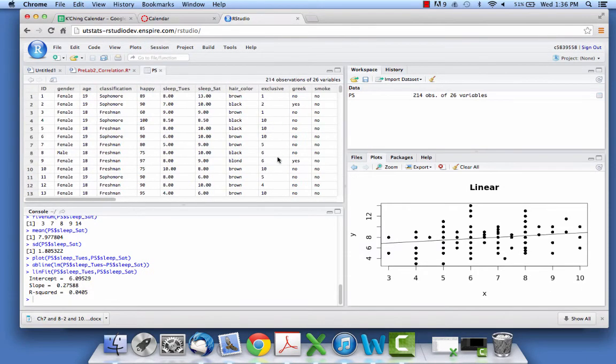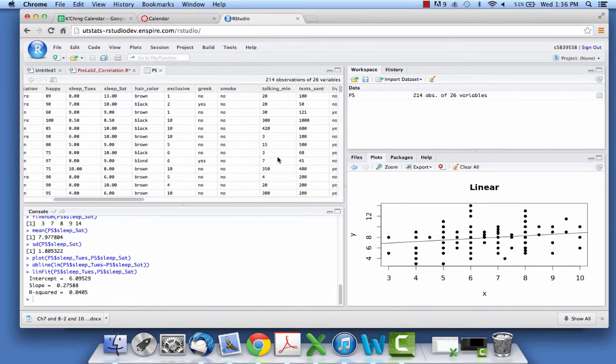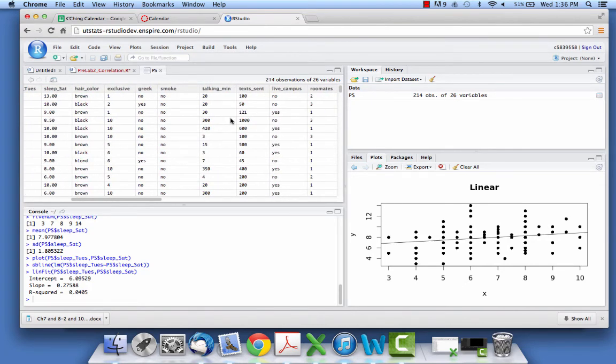Let's see if there's anything that's really truly related. Probably not. Maybe talking min and text sense. Let's plot it and see.